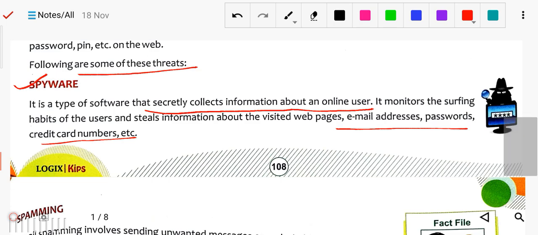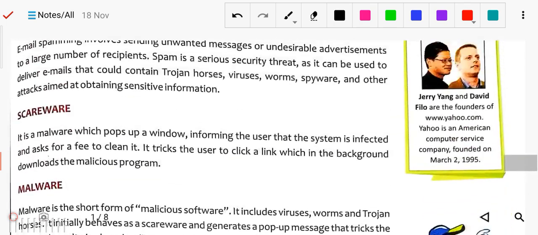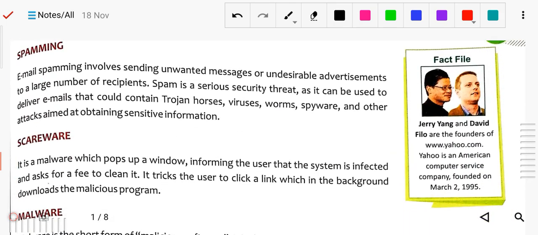Now next we have spamming. Email spamming involves sending unwanted messages or undesirable advertisements to a large number of recipients. Recipients are those who receive those emails.